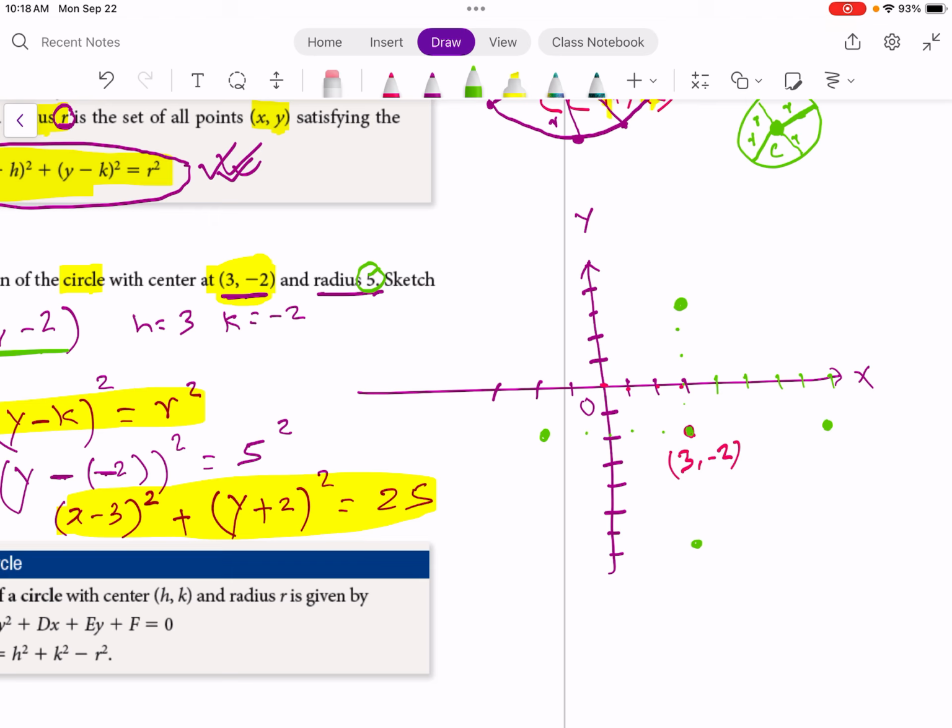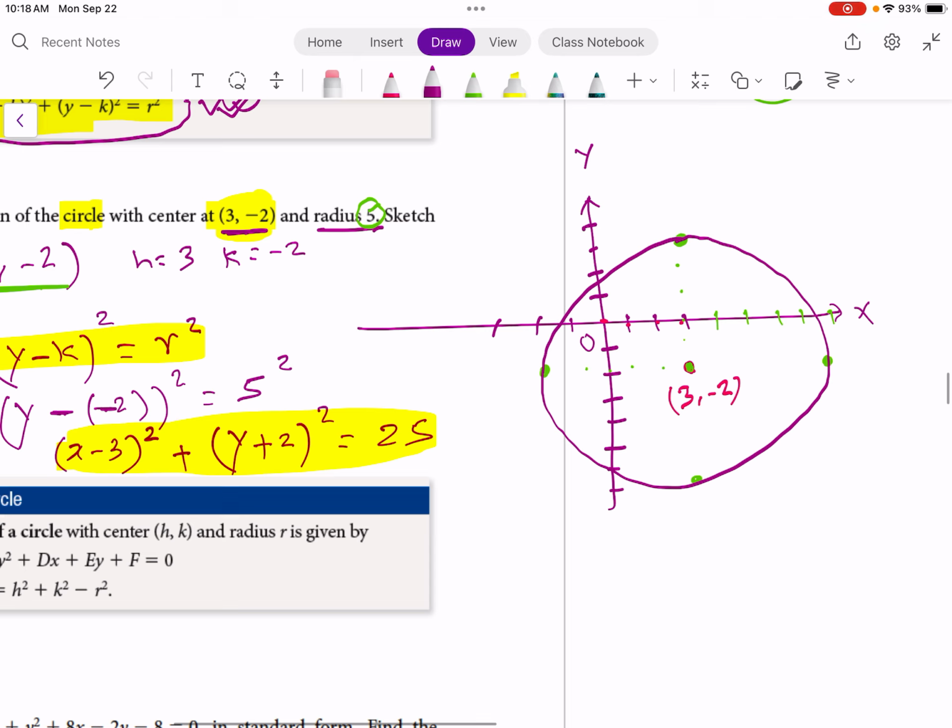Now you connect all these points and make a circle, and that is your graph. You don't need to have a perfect circle, but make sure you connect. Close enough. So at least find 4 points on that circle. First plot the center, and from that center use the radius and find at least 4.